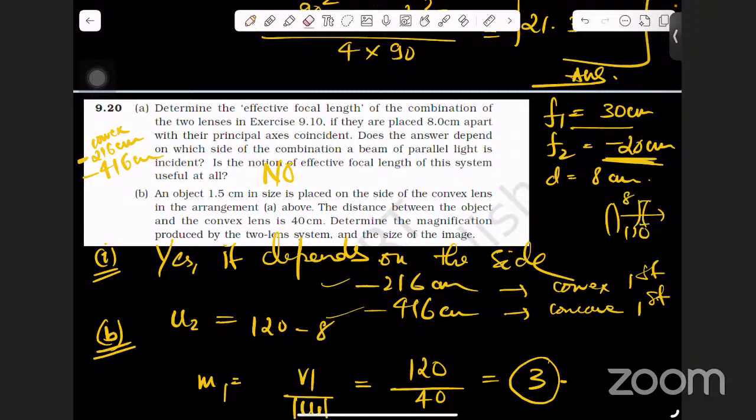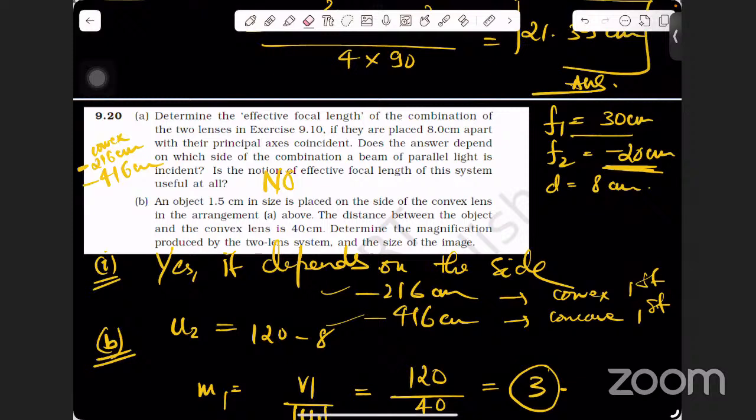So 120 minus 8, right? So 112 centimeters, positive because it's on the right side. So from that you can find your V2, which is minus 2240 upon 92.